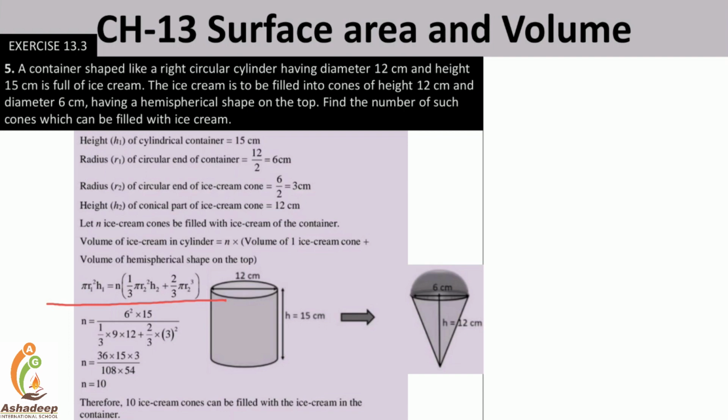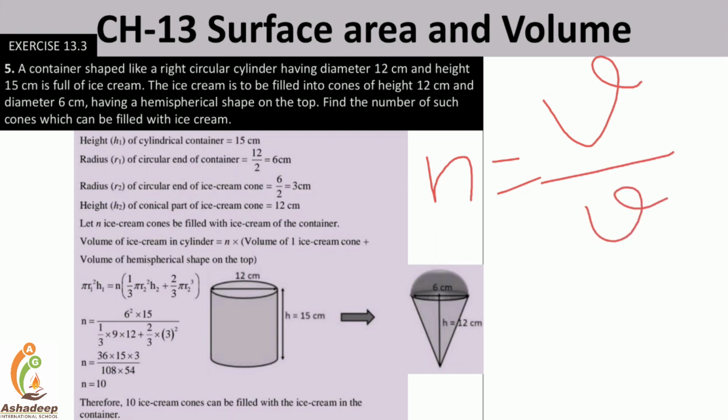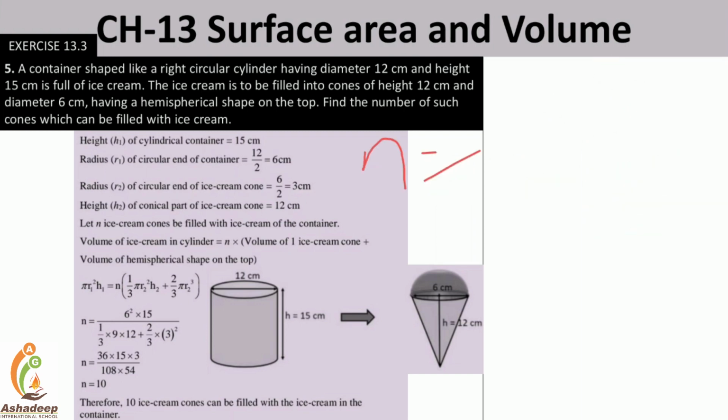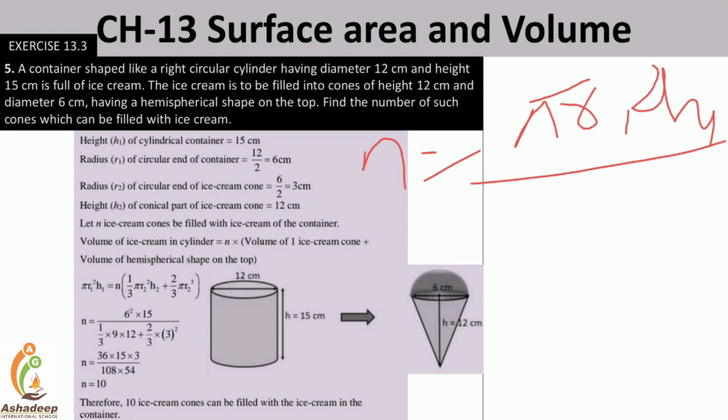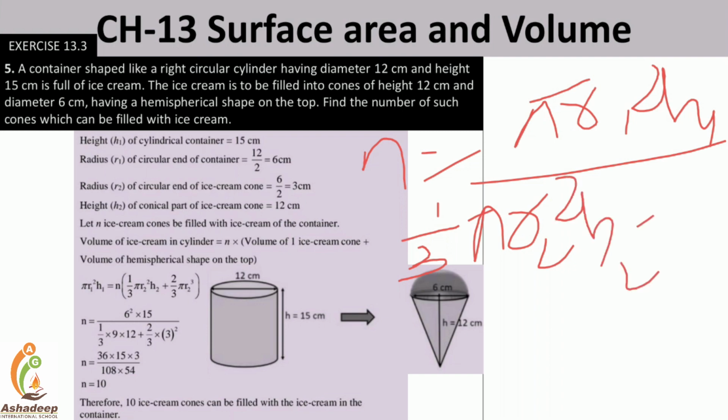But here what we have to find is the number. Whenever we have to deal with the number, that means the bigger volume upon the smaller volume. So n is equal to pi r1 square h1 upon one-third pi r2 square h2 plus 2 by 3 pi r2 cube.